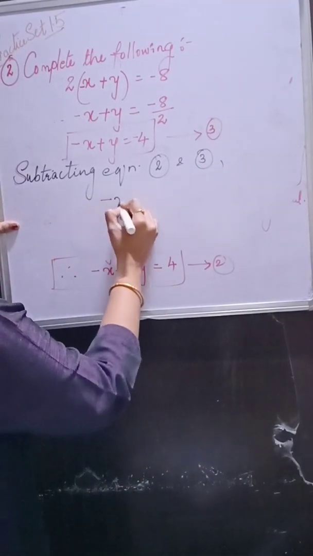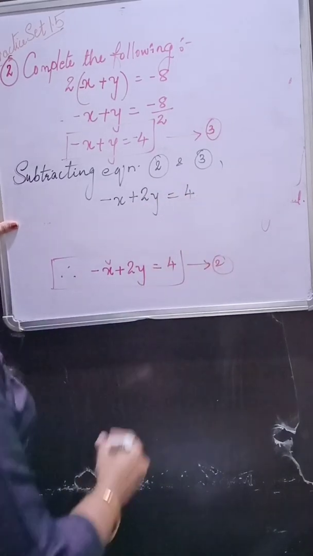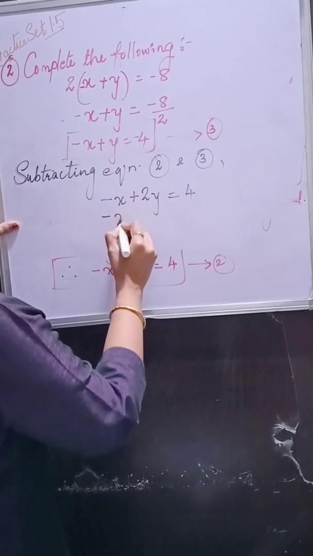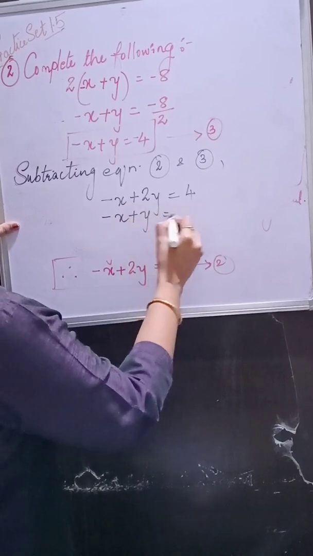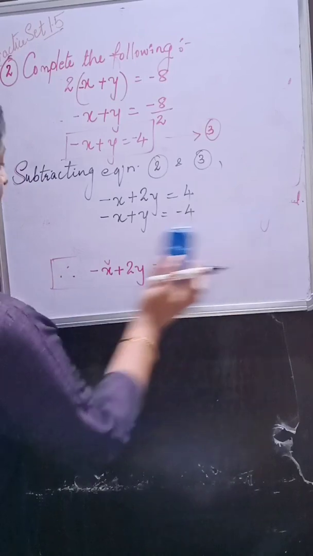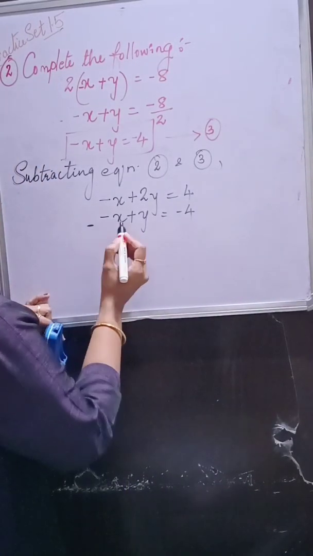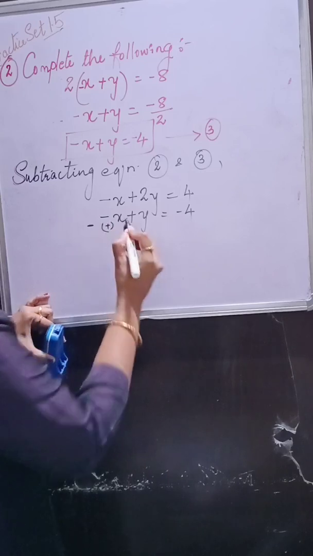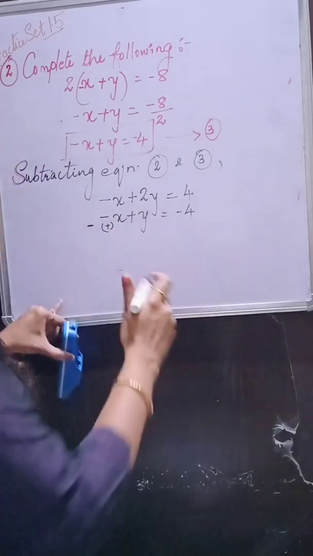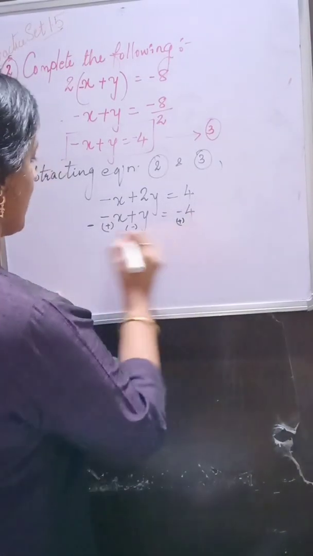Equation 2 is minus x plus 2y is equal to 4. And equation number 3 is minus x plus y is equal to minus 4. Okay, so we are subtracting. Be very careful. Put the minus sign. Now this will change to plus. All the signs change. Plus will become minus and this minus 4 will become plus.